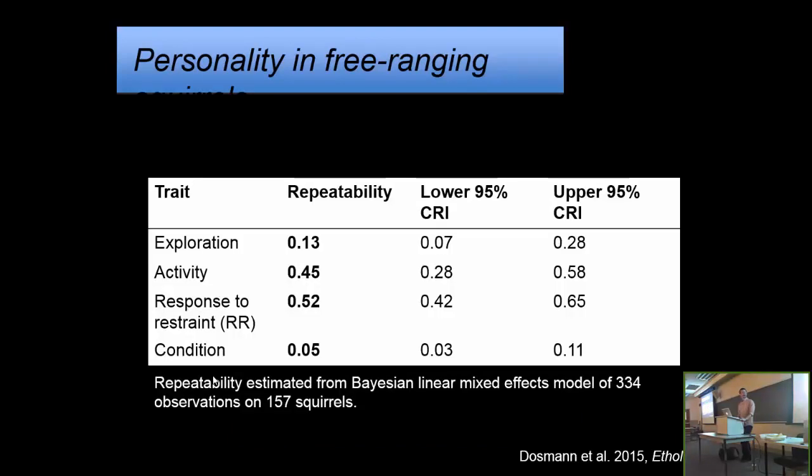So to look at personality in free-ranging squirrels, these squirrels were part of a long-studied population up in Rock Creek, where that initial photo was taken, if you remember. You can see that there's significant repeatability in these traits, particularly activity and response to restraint, but the condition has low repeatability.